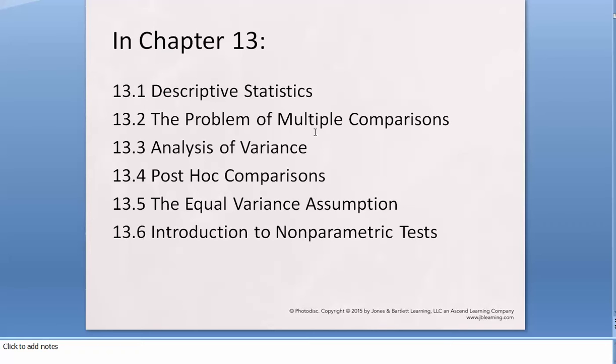When you compare, you always have a pair, so with more than two, you will have multiple comparisons. And when you have multiple comparisons, there is a problem, which we will talk about. That will motivate us to slightly change the procedure, by using a technique called analysis of variance.